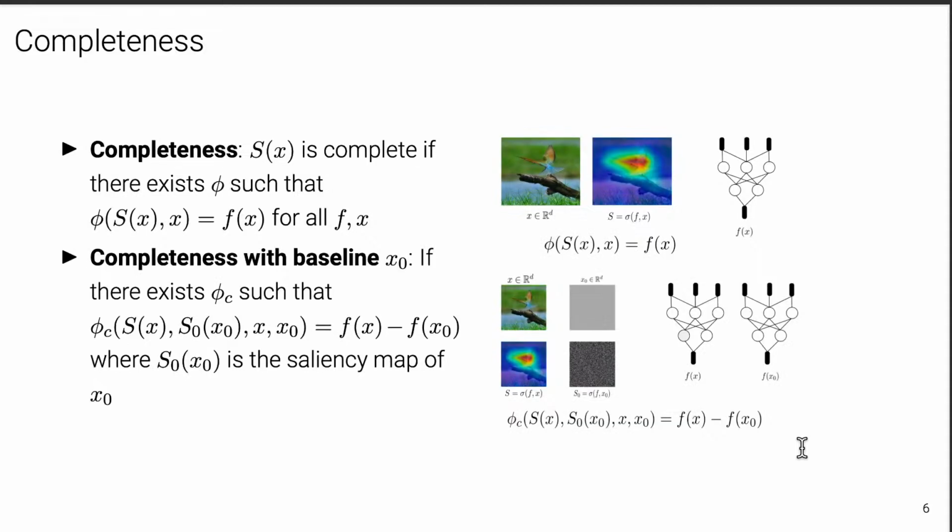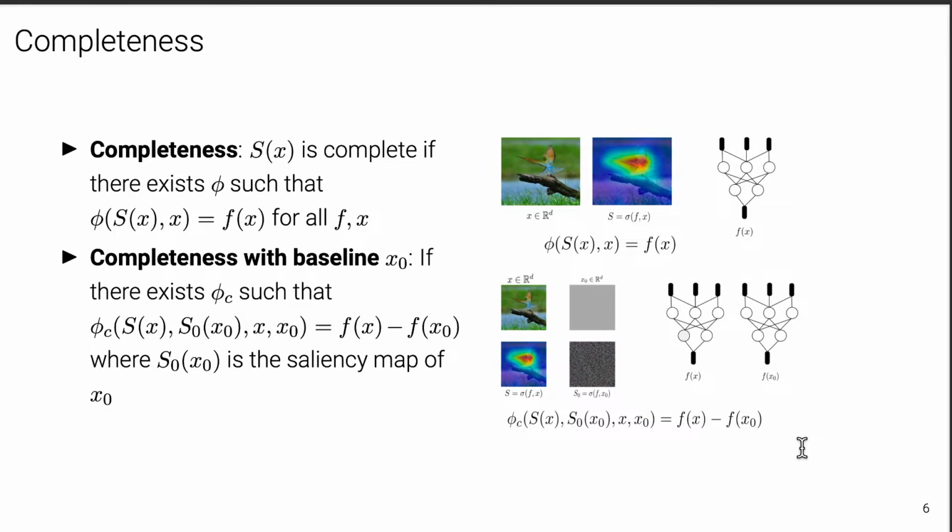The other property we're going to ask for is that our saliency map should fully capture the behavior of the model.